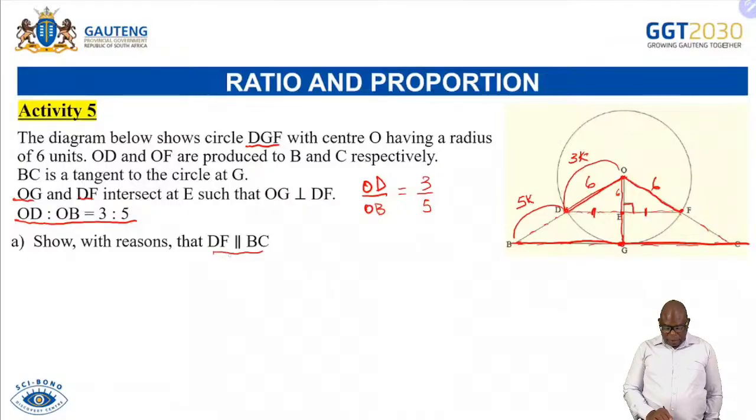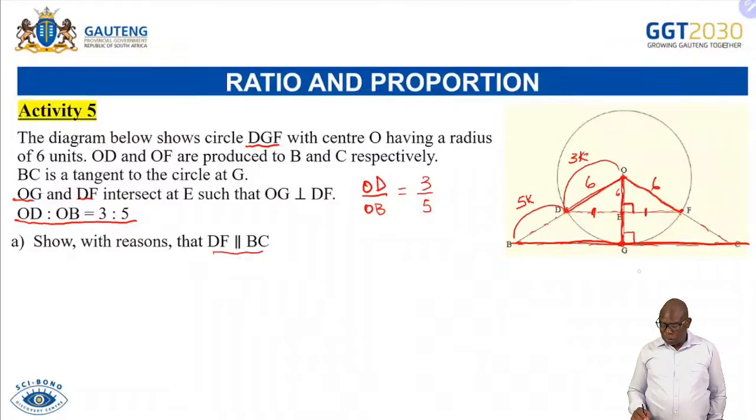Now, show that DF is parallel to BC. How can I show that this is parallel? That's quite easy. That should be 1 mark actually. Why I'm saying it's 1 mark is because this angle here is given as 90 degrees. I know that the radius and the tangent are perpendicular at the point of contact, which means that one will be 90.